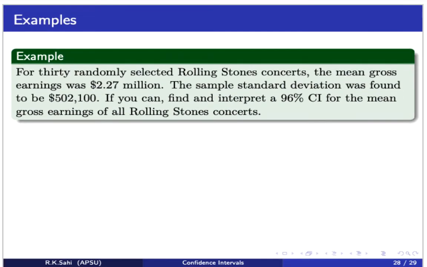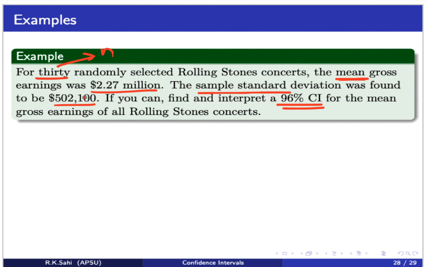One more example over here. It says for 30, that means that's my n. For 30 randomly selected Rolling Stones concerts, the mean gross earning was $2.27 million. The sample standard deviation was $502,100. We would like to interpret a 96% confidence interval for the mean gross earnings of all Rolling Stones concerts.